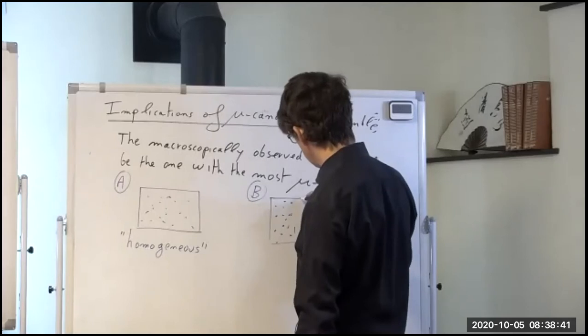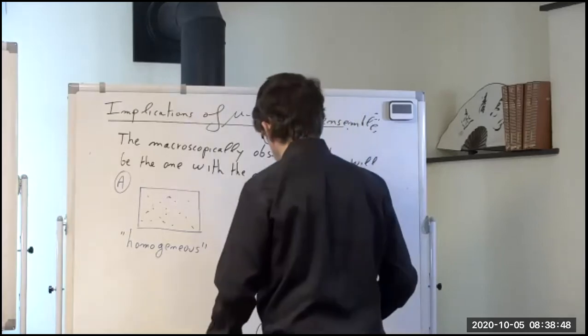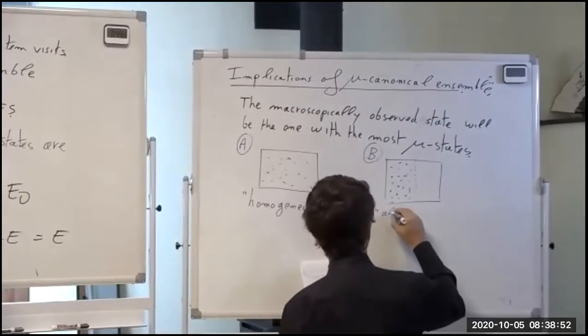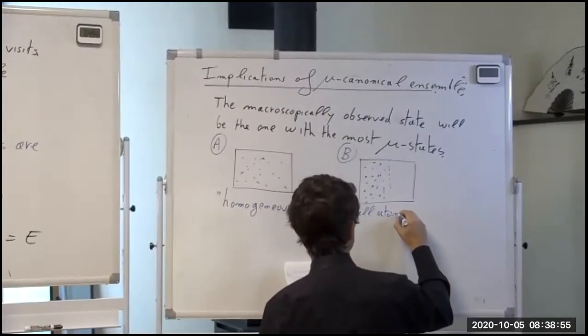So I could draw a virtual wall, not a real one. So this is virtual. And in this state B, all the atoms or gas molecules are in half of the box.